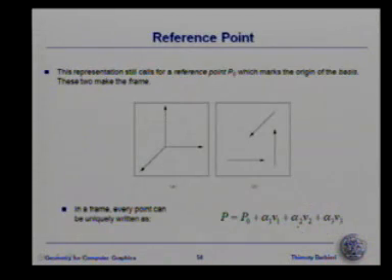So if I want to change from one basis, from one reference system to another reference system, I have to do two operations. The first operation is to transform the basis. The second operation is to translate the reference point. So, in practice, it is two operations that I have to do.